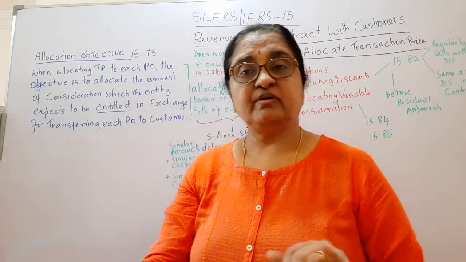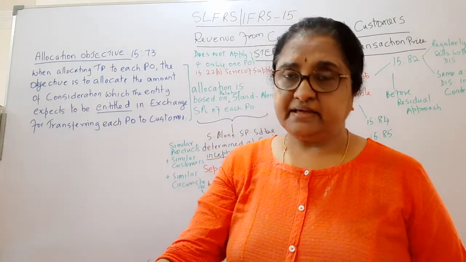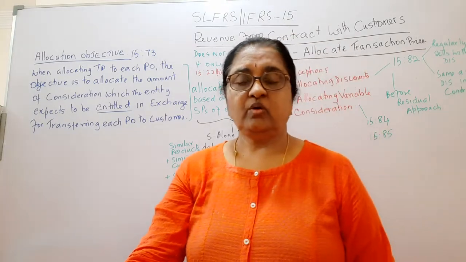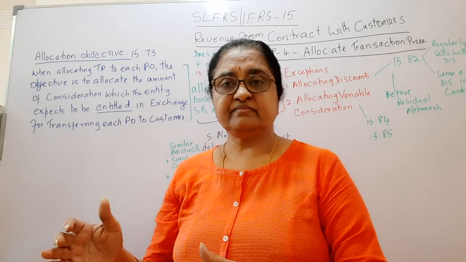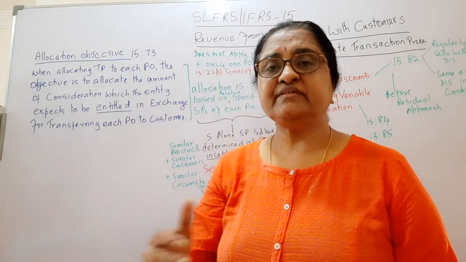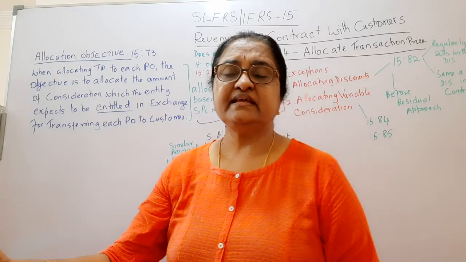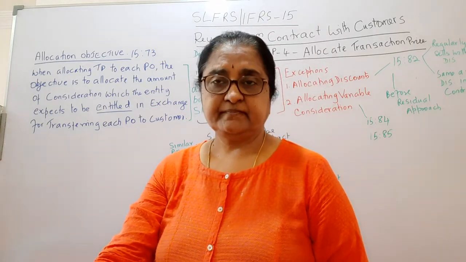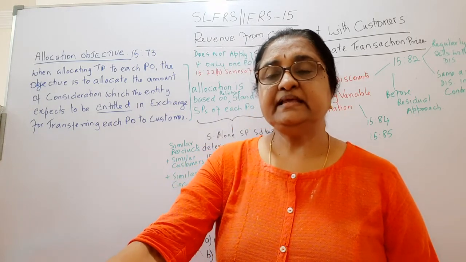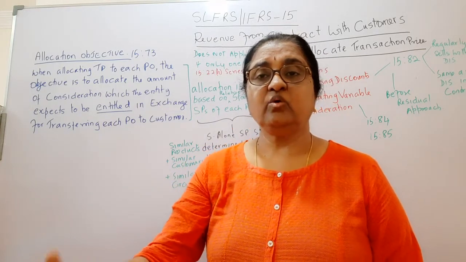You should remember that allocation of transaction price does not apply if the contract has only one performance obligation. However, there can be one performance obligation of supplying the same goods and services as a series at different points of time. That means a cleaning service, for example, that you provide every week or every month.